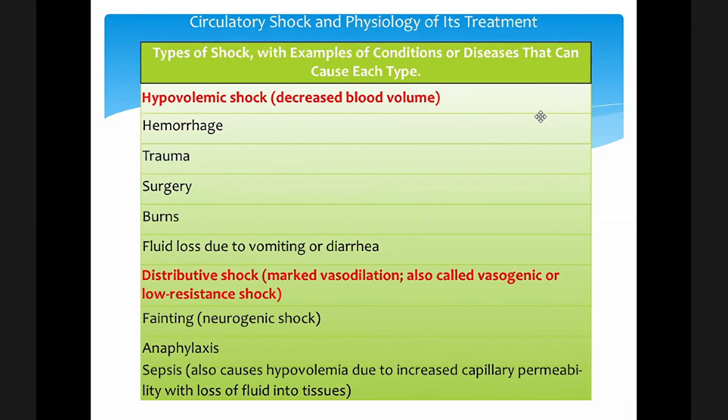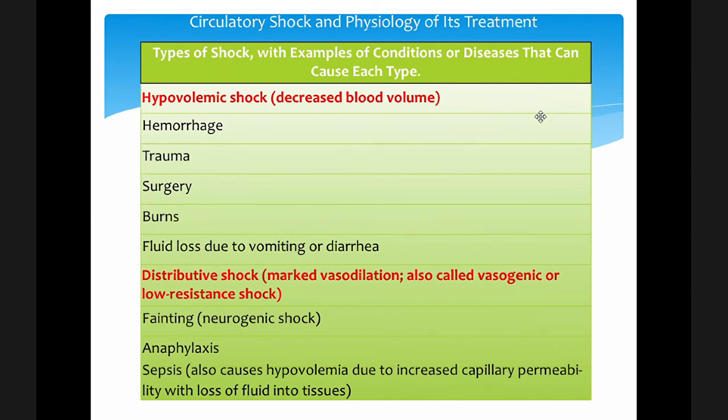Kasi kung nagbaburns, di ba, nagkakaroon sila ng hypovolemia. Aside sa mahirap i-BP dahil sa burns, pero they have decreased blood volume. And diarrhea, vomiting, can result also to hypovolemic shock pag sobrang dami na.